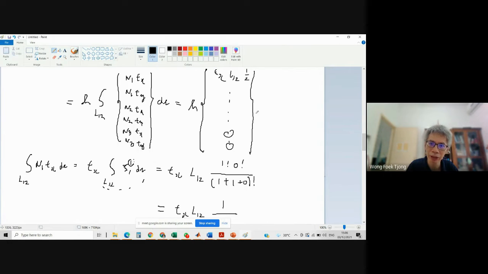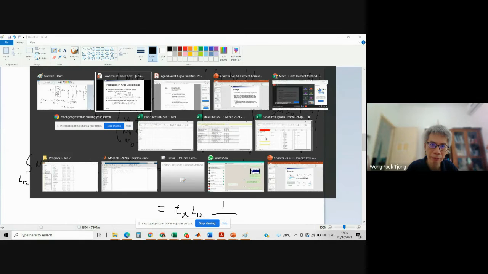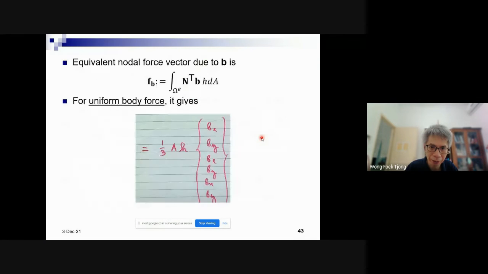Others like this. So the result is 1/2 times the thickness times the length, and then dx, dy, dx, dy, 0 and 0. That's how we can prove the results that I have written in the slides here.